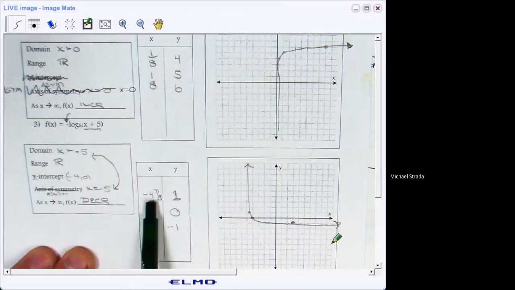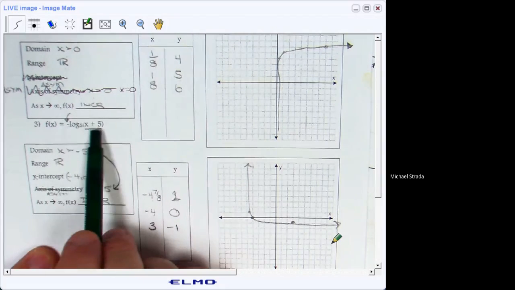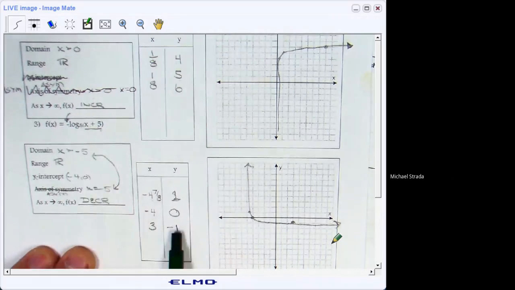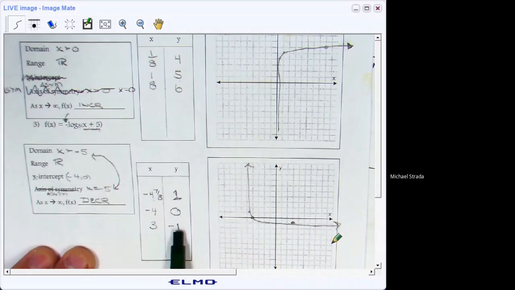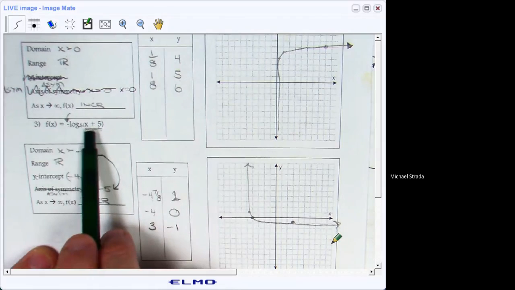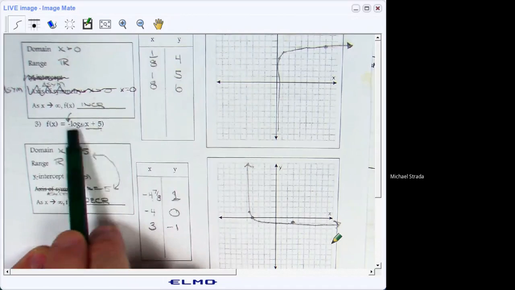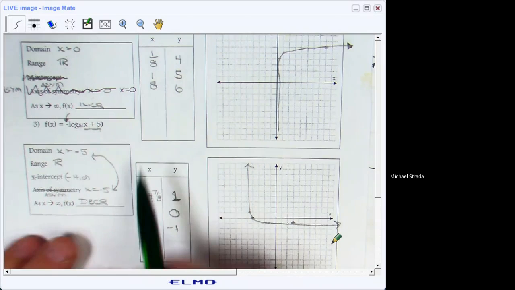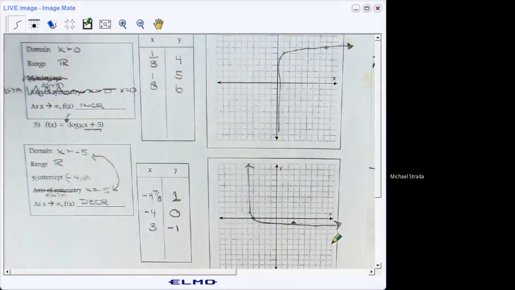So for example, if I plugged in 3, 3 plus 5 is 8. The log of 8 is 1, but the negative turns it into negative 1. When I plug in negative 4, negative 4 plus 5 is 0. The negative of 0 has no impact. It's still 0. And then finally, 1/8 minus 5 is negative 4 7/8.